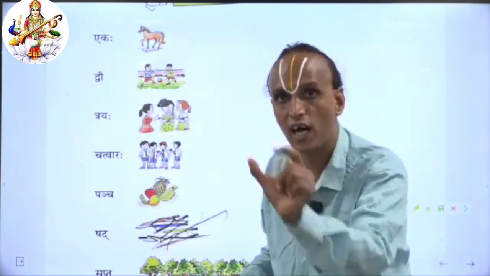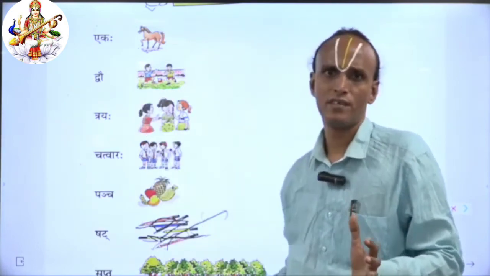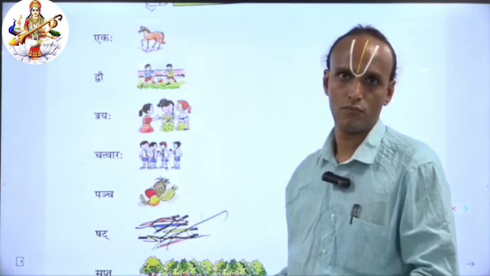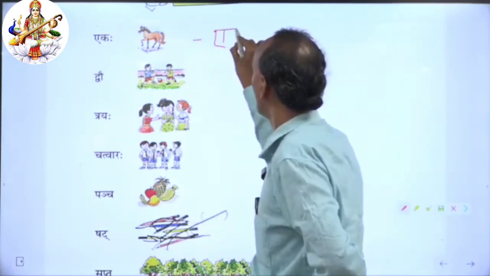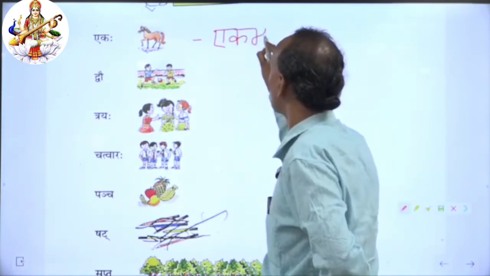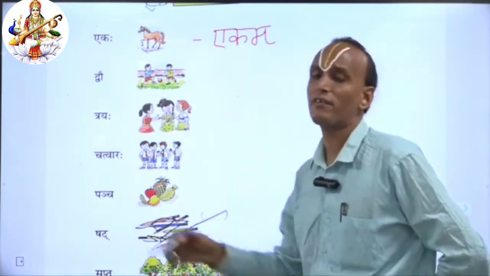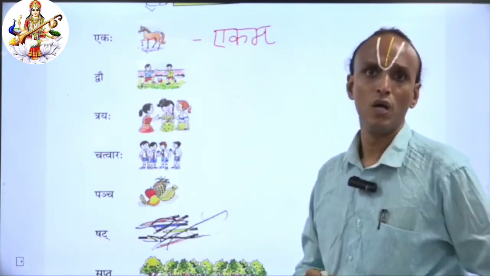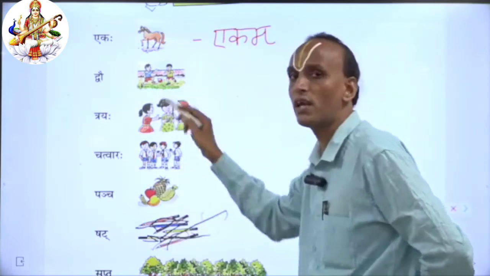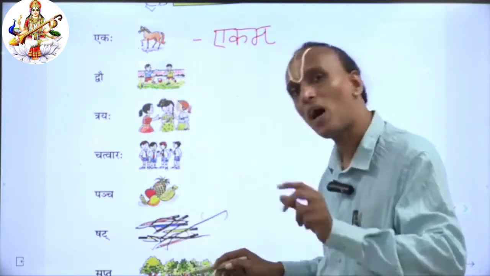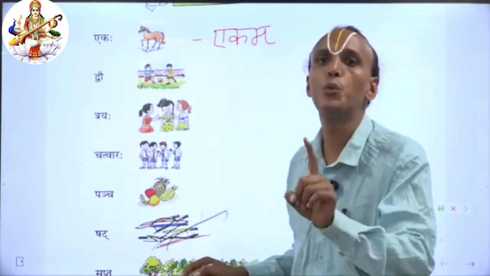So, ekaha Ashvaha. But normally, we won't say like this. Ekam. Okay? See here. I write. Ekam. Okay? Then, here they have given Dvau. Why have they given Dvau? Because they have given the picture of 2 boys. Balakau. So, Dvau Balakau. But normally we say Dve.